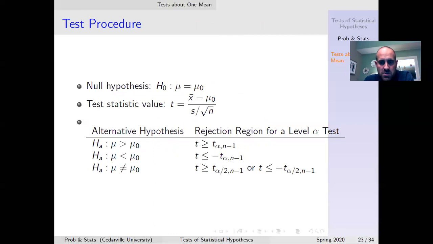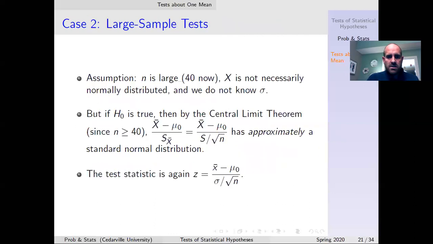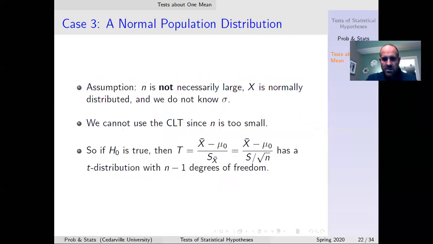So for case 2, where you had a large sample size, not necessarily normally distributed, but large sample size, and you're using S. Here, you don't necessarily have to have normally distributed, but the sample size isn't necessarily large. You don't know sigma. You're going to use the t distribution.